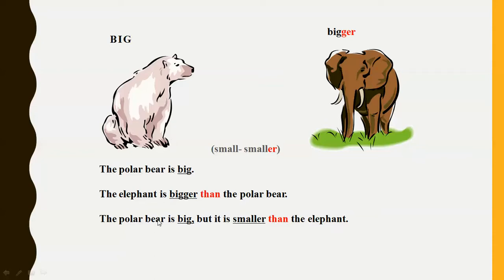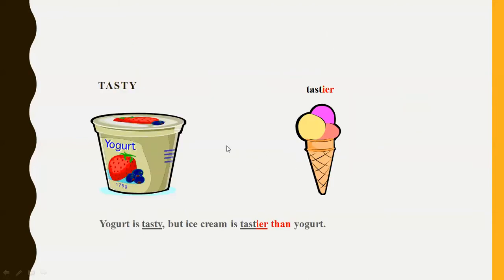The polar bear is big, but it is smaller than the elephant. And for yogurts, we can say this is tasty, but for comparative, ice cream is tastier. Ice cream is tastier than yogurt.